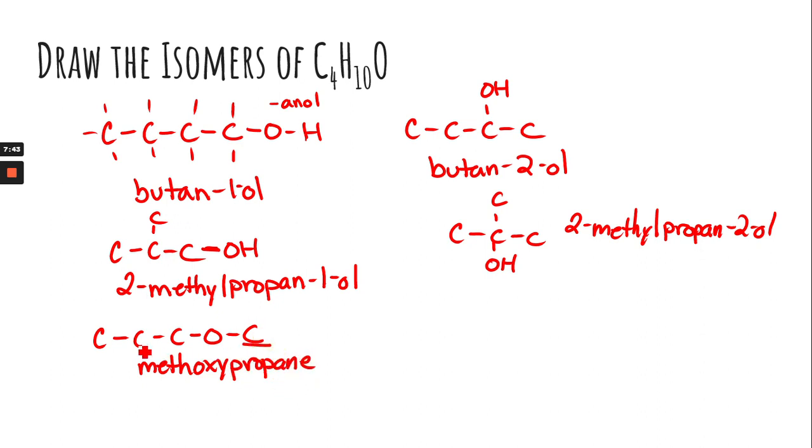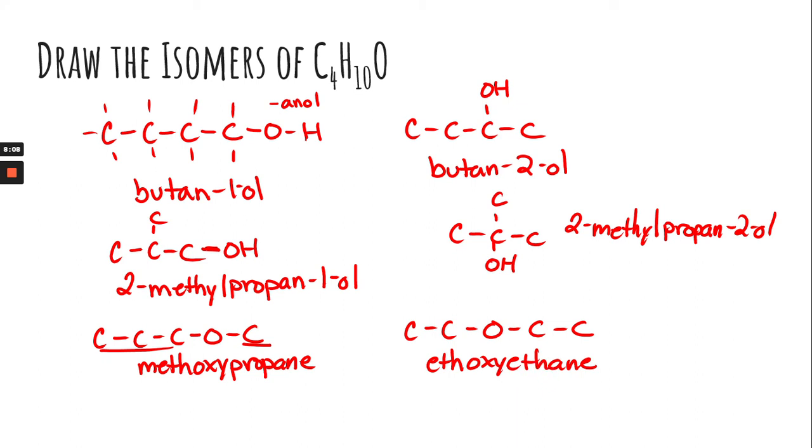So meth for the one-sided carbon, and then you have the 3 carbons on this side. We could move the oxygen to be directly in between. And so we would have ethoxyethane, where we have 2 carbons on one side, 2 carbons on the other side.